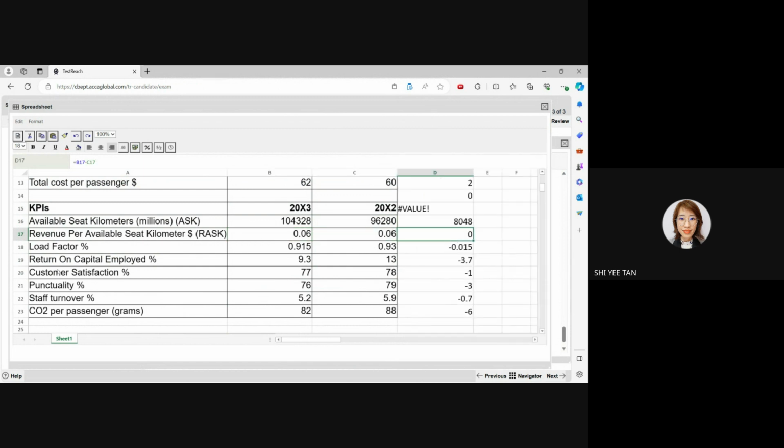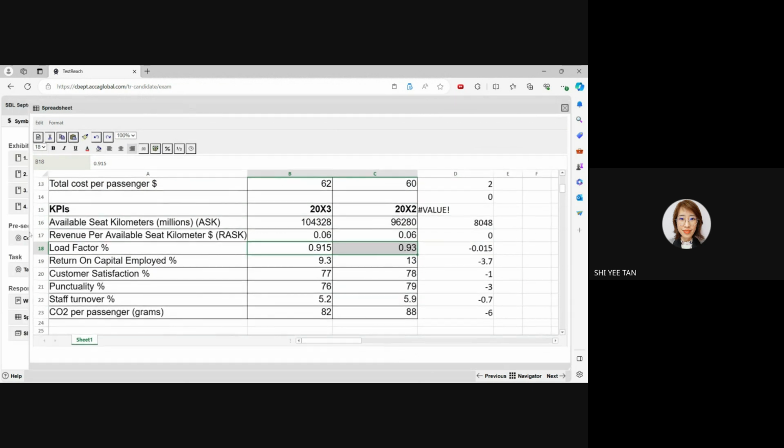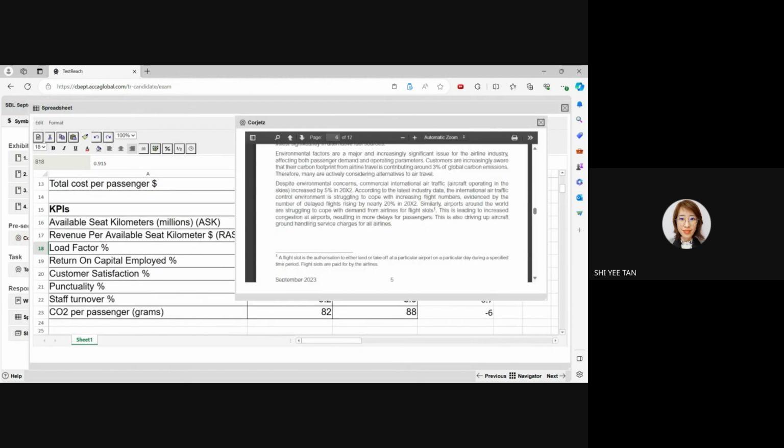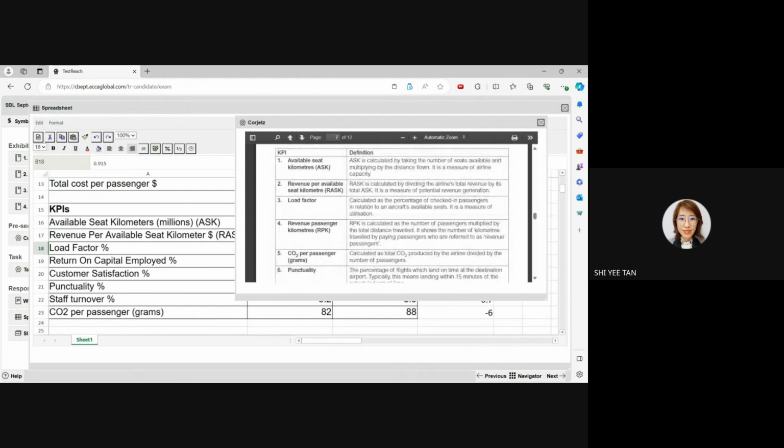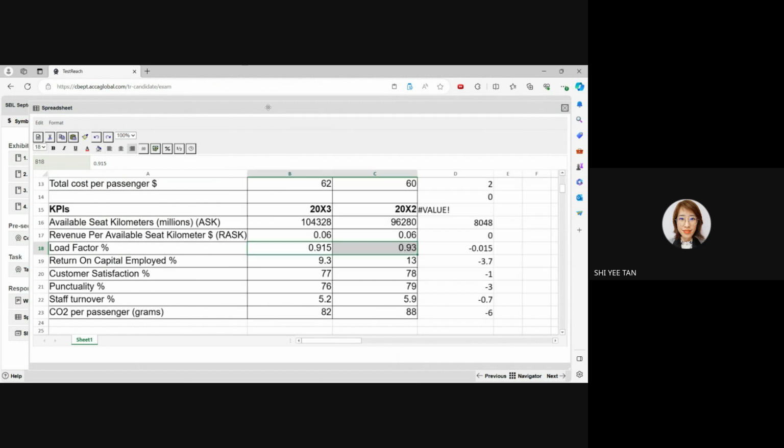Static, no change, right? Load factor reduce a bit. If you want to recall, you can go to your presentation. If I'm not mistaken, it's utilization. So load factor is not to say very less, but slightly lesser check-ins by the passengers.